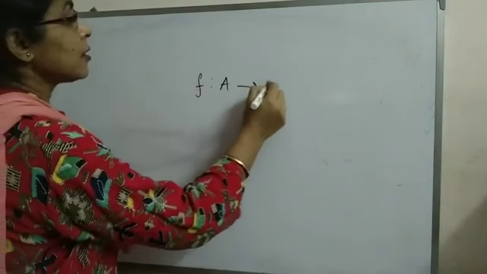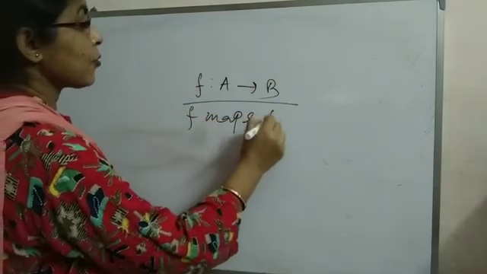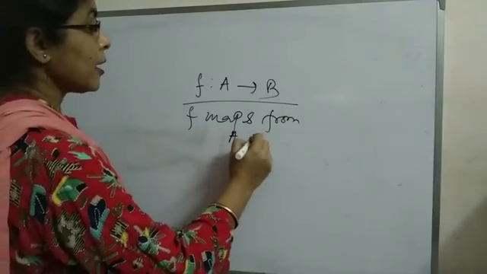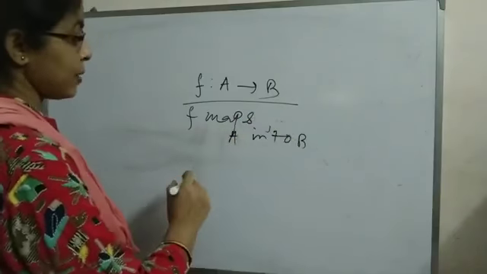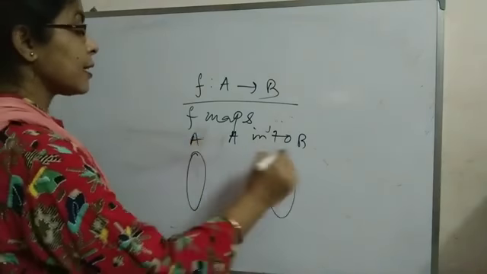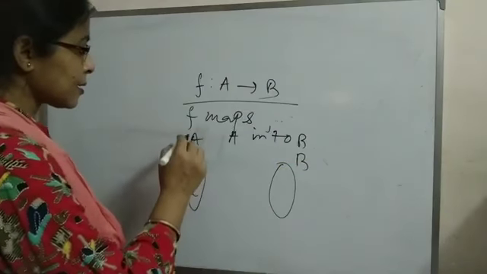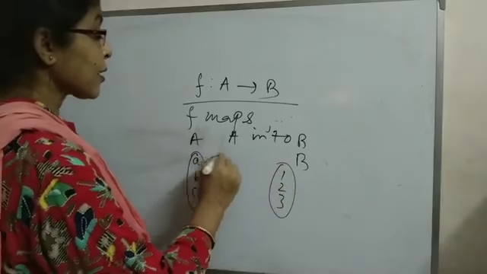F maps from A into B, or A maps into B. Let A and B be two non-empty sets. A is a set and B is a set. Elements of set A are a, b, c, and elements of B are 1, 2, 3.